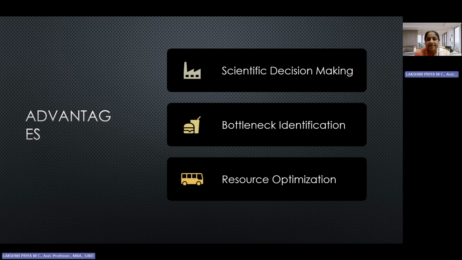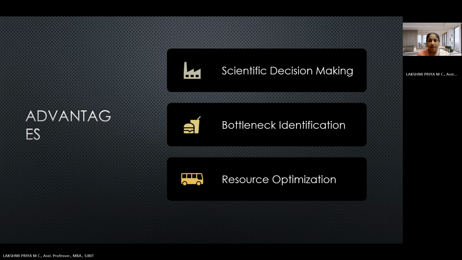It removes guesswork and replaces it with logic and data. Resource optimization. It ensures that no resource is wasted, providing the most from the least. Bottleneck identification. The model shows which constraints are preventing you from growing. Say, for example, if you only had 10 more machine hours, how much profit could you make?